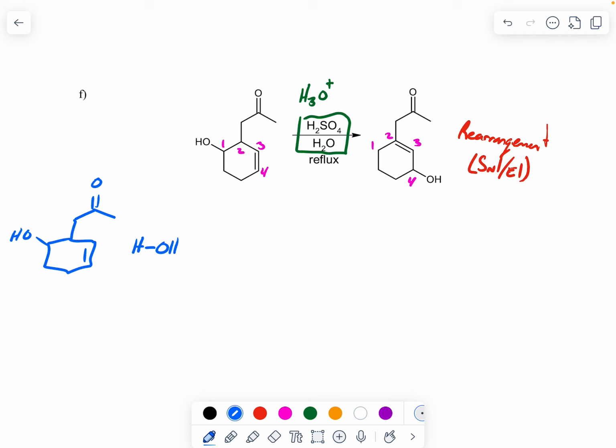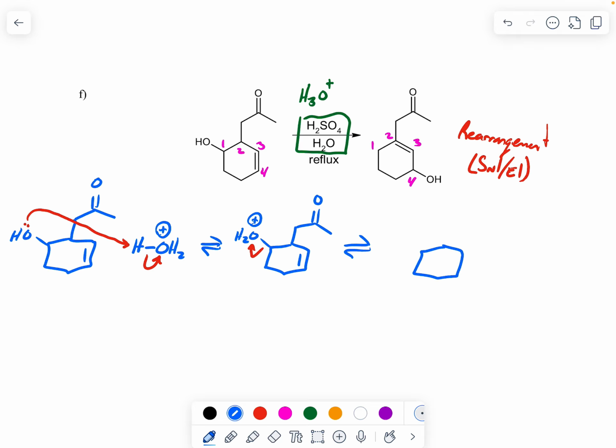So here's our H3O+ alongside our alcohol, which is going to act as the base in this scenario. It gets protonated by our hydronium, generating a good leaving group as this OH2+. And so that can leave on its own. This is what gives us a carbocation, which is available to actually do rearrangement.